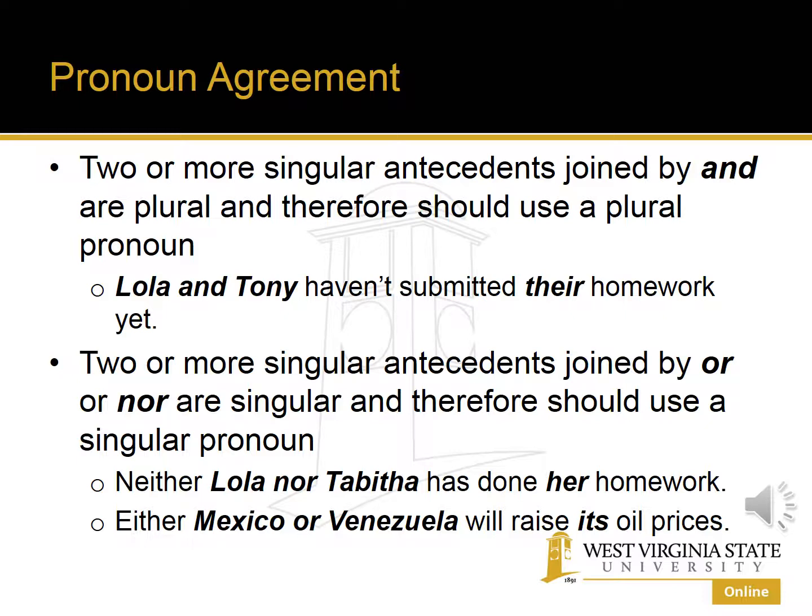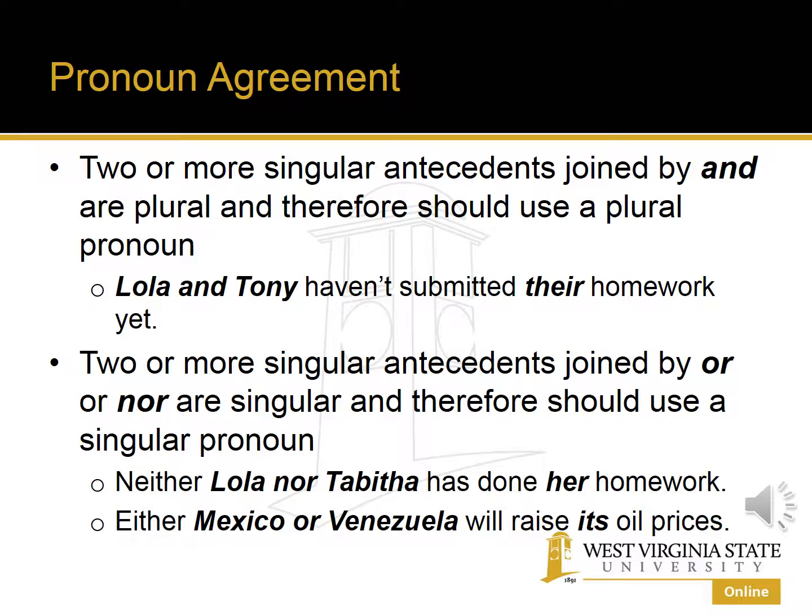For example, Lola and Tony haven't submitted their homework yet. Lola and Tony are both singular antecedents, but when they're joined together with and, they become plural. So we use the pronoun they, or in the case of possessive, their.